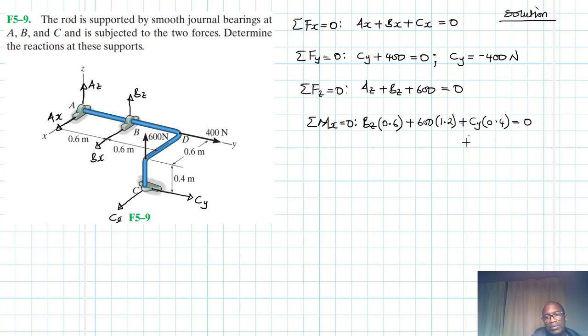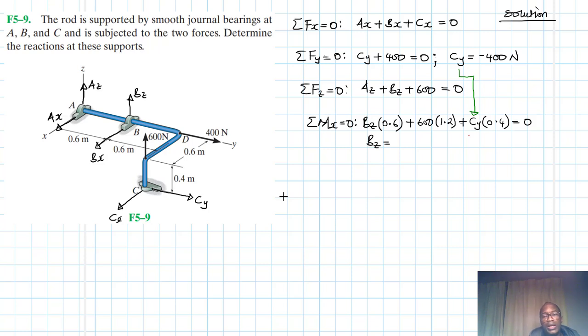Equal to 0. So this is what we have, but we found what cy is, so we can find bz. So let's replace cy there. Once we do so, we'll find that our bz will be equal to 600 by 1.2 plus, what is our cy?